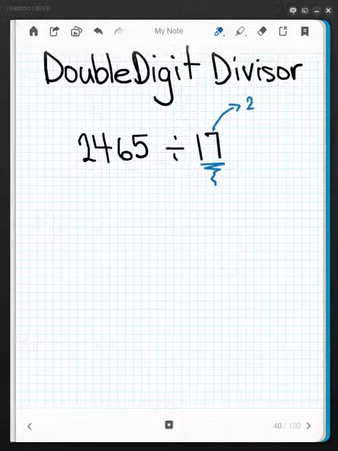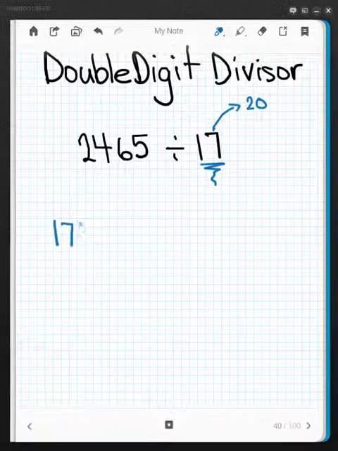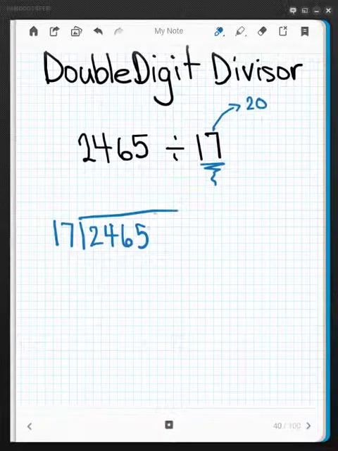So I'm going to look at this as not 17 but as 20. So I'm going to be thinking in terms of dividing by 20, because with double-digit division we're having a lot more problems, because we don't know all of our facts for 2, 3, 4-digit numbers, so it makes it harder.